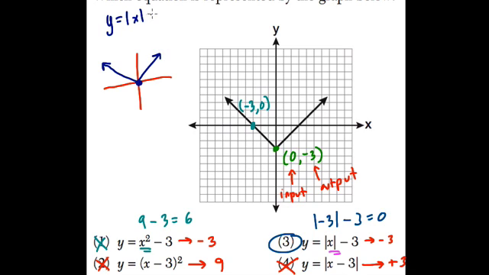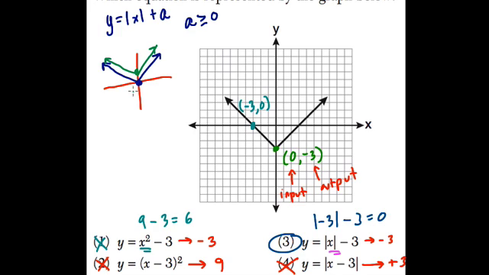But if you add a positive value a, let's say a is greater than or equal to 0, your graph is going to move up.